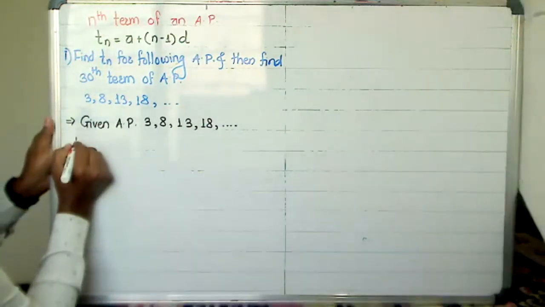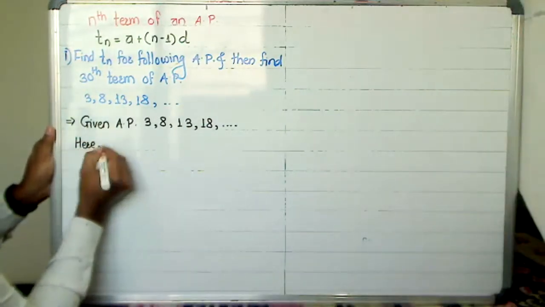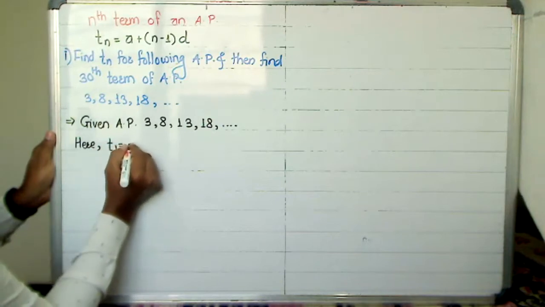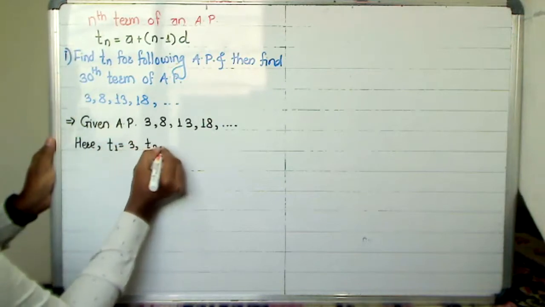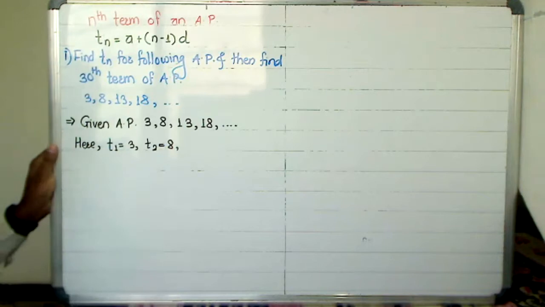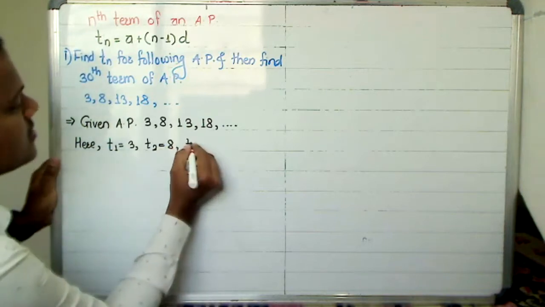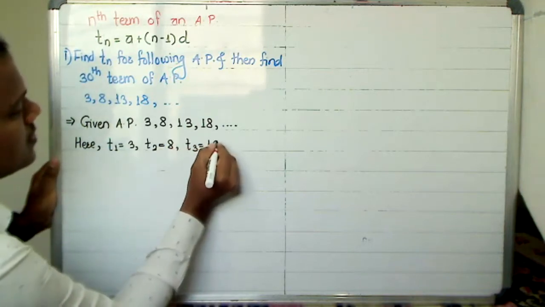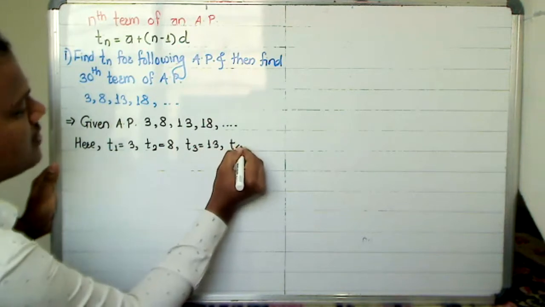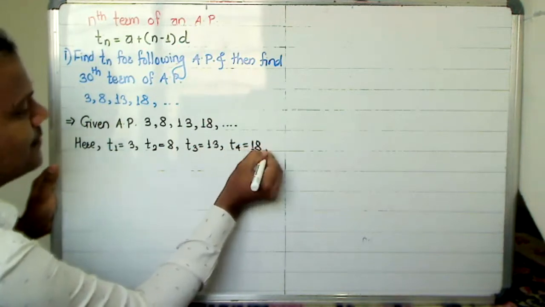Here T1 is equal to 3, T2 is equal to 8, T3 is equal to 13 and T4 is equal to 18.